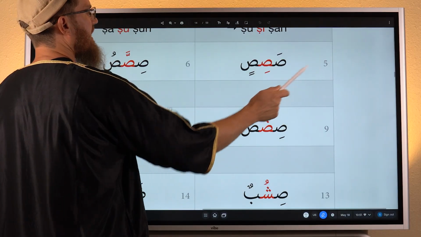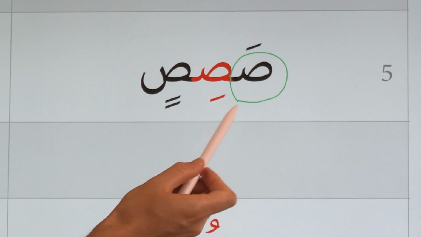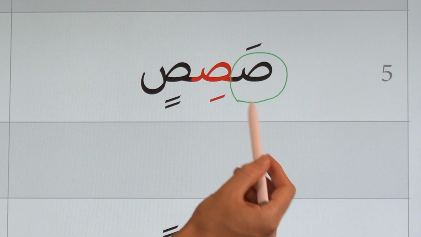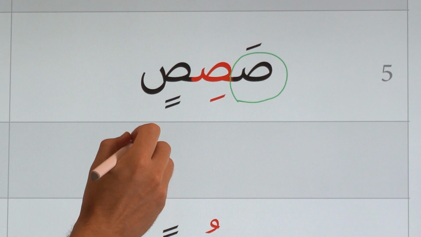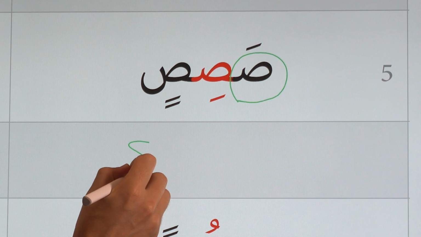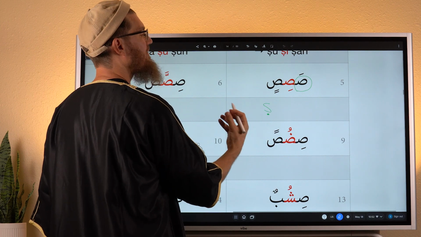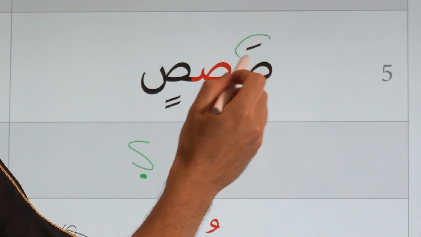So let's try number 5 together. First, we need to identify the letter. Which letter did we say looks kind of similar to a snail? That would be the letter Sad. So for the letter Sad, we're going to write an S, and we're going to put a dot underneath to signify that it's a heavy S, heavier than the letter Sin. Next, let's identify the haraka.